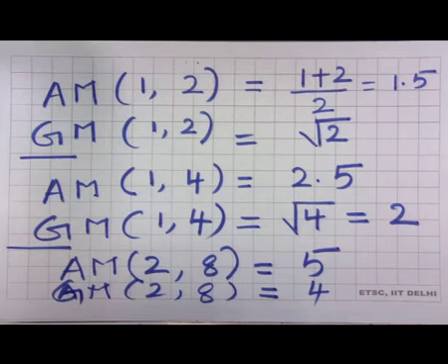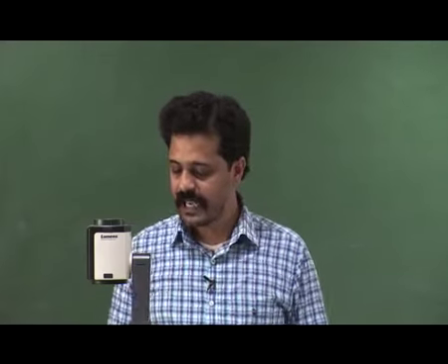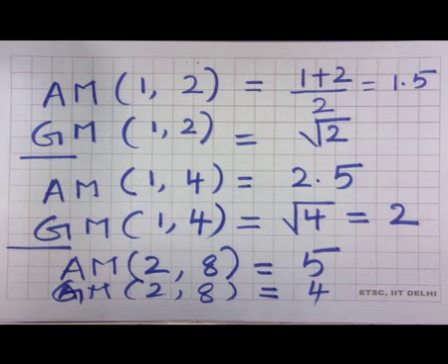From these instances, can you compare the value AM and GM of two numbers, in the sense which one is larger? You can observe that at least in this instance, arithmetic mean is greater than or equal to the geometric mean.